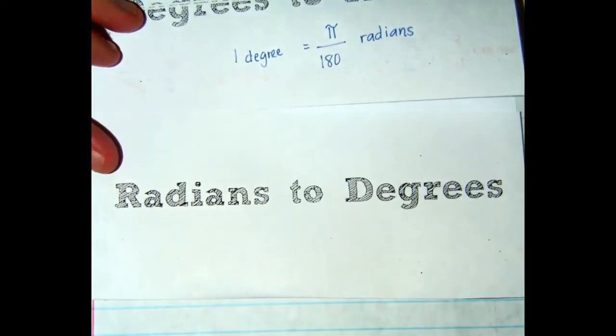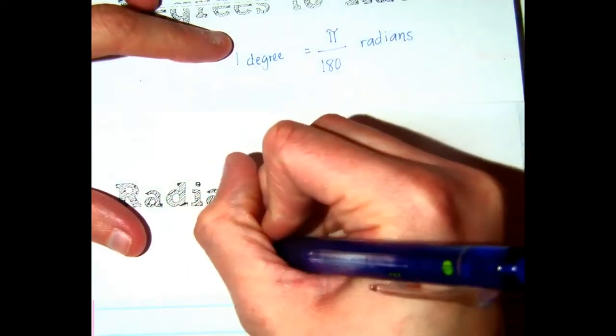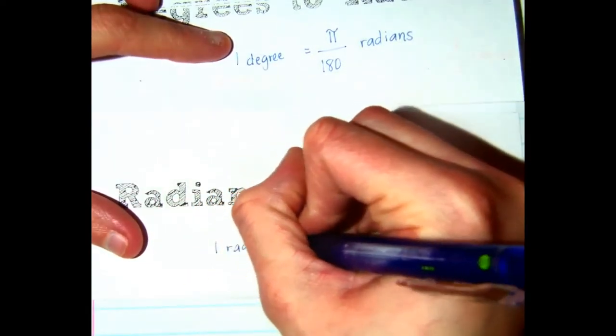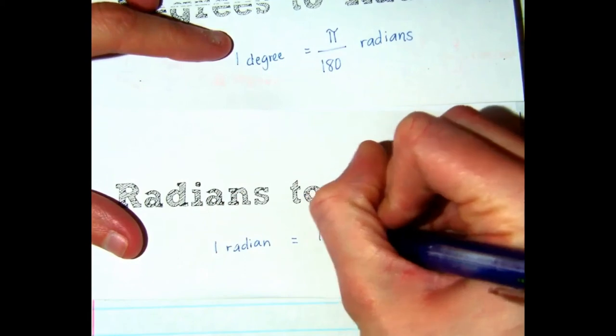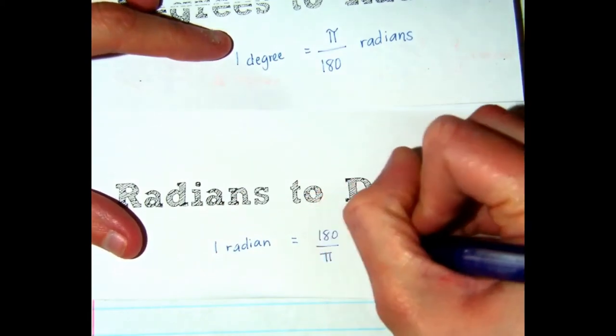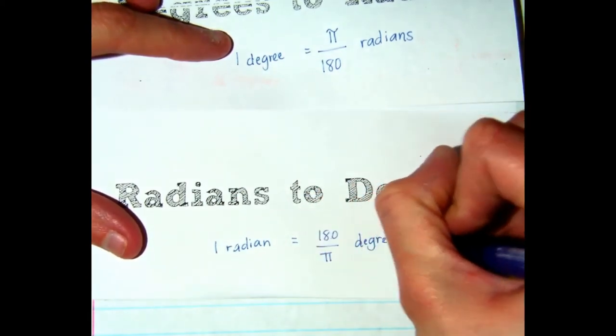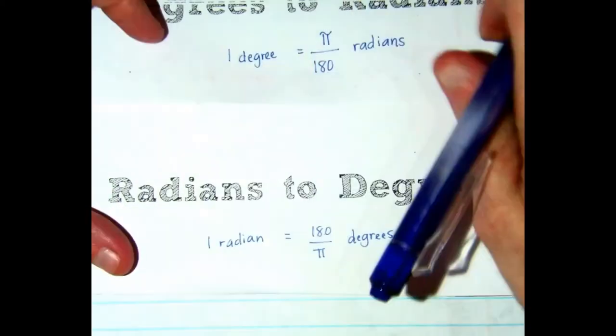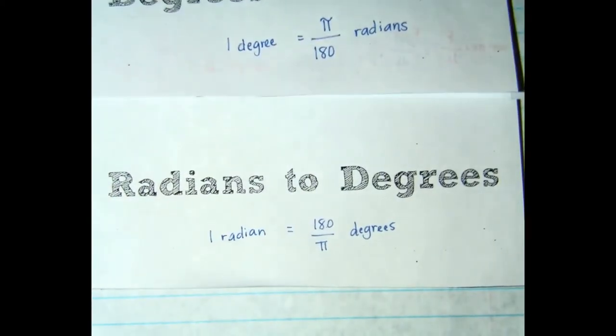Well, radians to degrees is the reciprocal. 1 radian is equal to 180 over pi degrees. You can just say rad instead, but no, there's not a symbol.